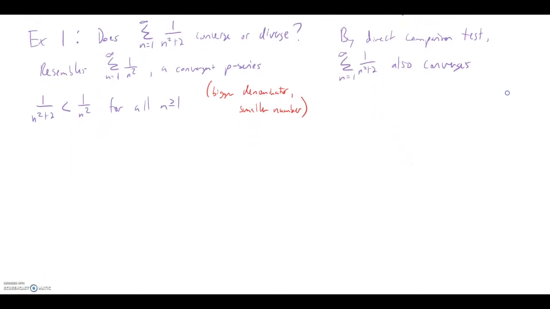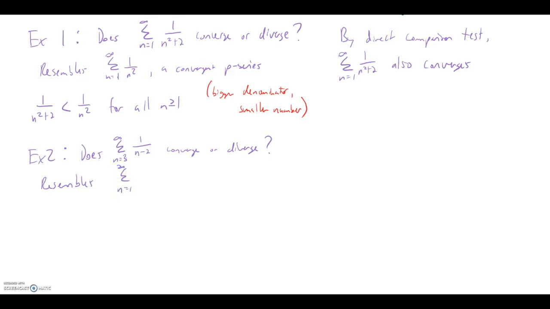Let's do one more example with the direct comparison test. And in this example, we're going to ask, does the series starting from n equals 3 to infinity for 1 over n minus 2 converge or diverge? And notice we have to start this at n equals 3 for the index because this series is undefined at n equals 2.